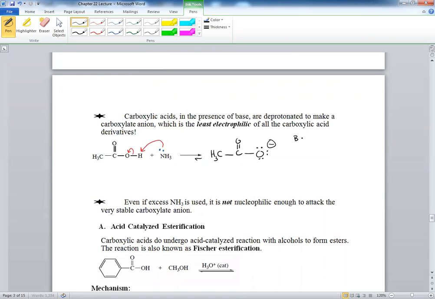Okay, so this is a bad electrophile, we said. It's the most stable.